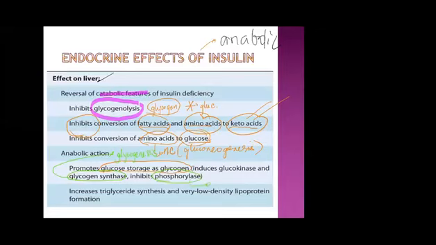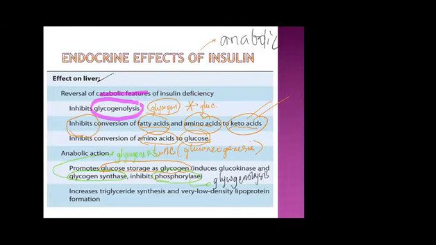Ang glycogen phosphorylase naman ay enzyme needed for glycogenolysis. So you can see that by blocking the phosphorylase enzyme, we prevent breakdown of glycogen. Anabolic pa rin yun, okay?